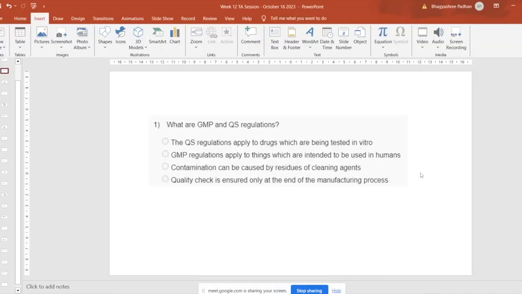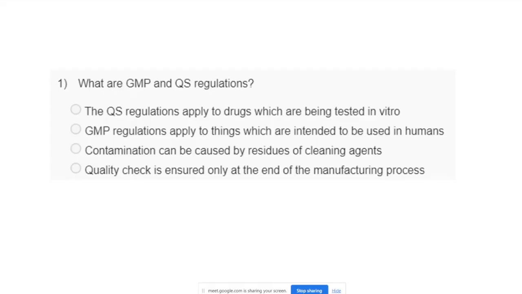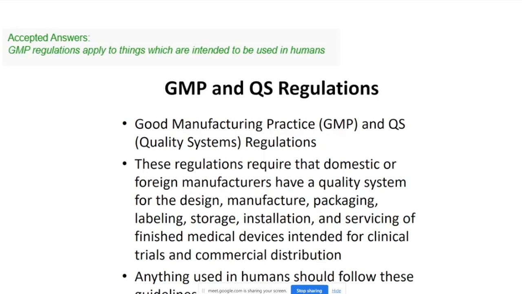Okay. So this was the first question. What are GMP and QS regulations? So here the correct answer would be GMP regulations apply to things which are intended to be used in humans. GMP is good manufacturing practices, and QS is quality system regulations.